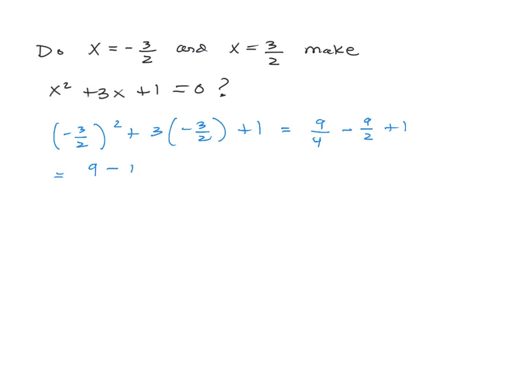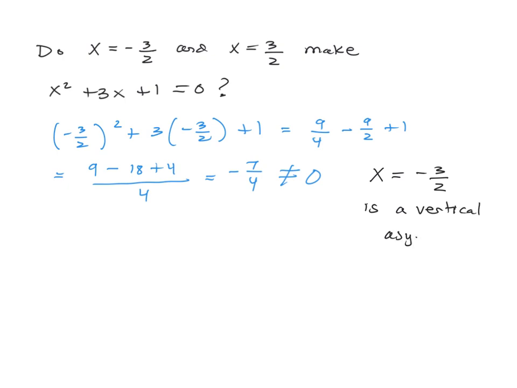That's 9 minus 18 plus 4 all over 4. That's -9 plus 4. That's -7/4. And all I care is that that's not 0. And this means that x equals -3/2 is a vertical asymptote.